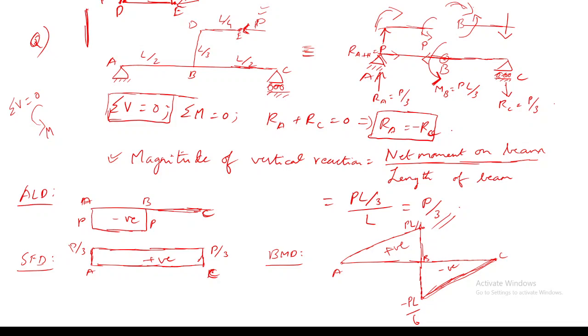But when I am considering this BD member, again I have to reverse this direction. So again I will have a P force like this, and this is D.